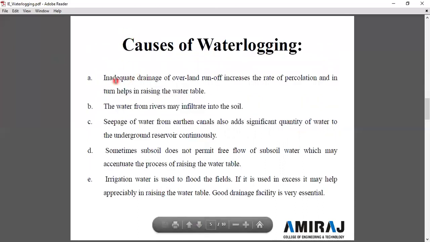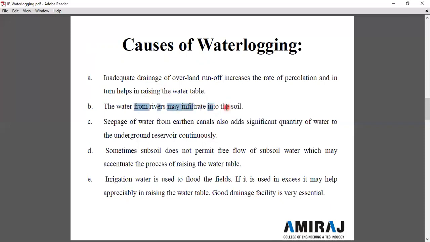So what are the causes of waterlogging? Why does waterlogging occur in a particular field? Inadequate drainage of overland runoff increases the rate of percolation and helps in raising the water table. With improper drainage, there are fewer chances of water outflow, so the water percolates or is stored near the root zone and meets the groundwater table, or raises its level.